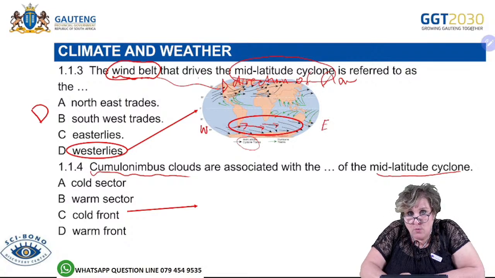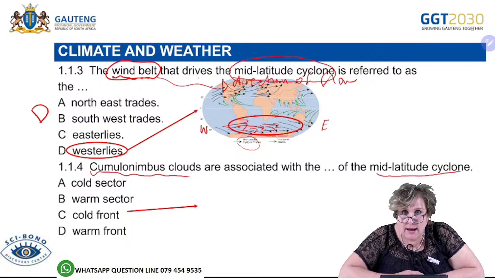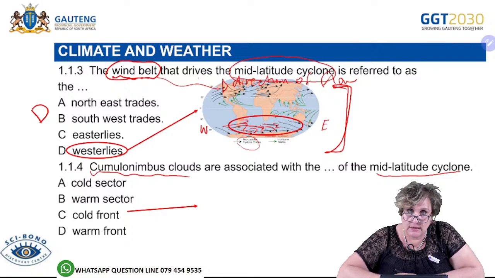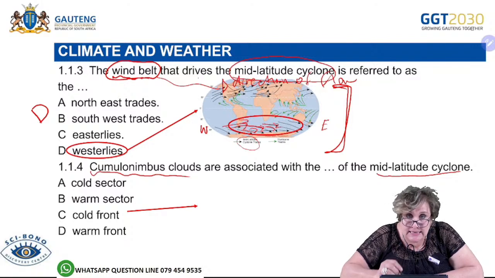A wind gets its name from the direction it comes from. So all of this air movement is from the west. That is why it is called westerlies. Boys and girls, this is a very important diagram. You might not get the diagram, but you might need the diagram to answer the question.